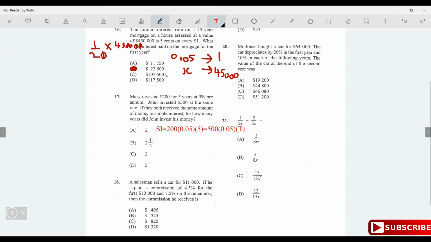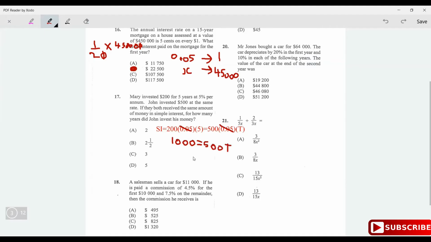Since we could equate them, the 0.05 cancels the 0.05 here. And then 5 times 200 is 1,000. And so 1,000 is equal to 500 times T, and so T equals 2. That means it took him 2 years to get the same amount of simple interest. Easy.